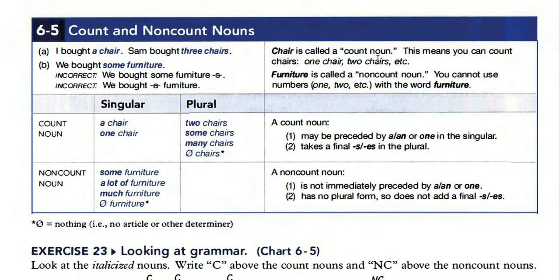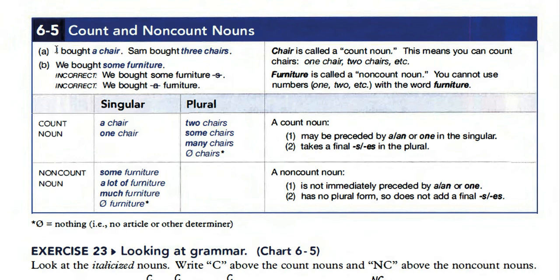In the second example, we bought some furniture. Furniture doesn't mean one item. It could be the home furniture for all, like the sofa, the pillows, the furniture of your dining room, even the furniture in your bedroom, everything in the home.